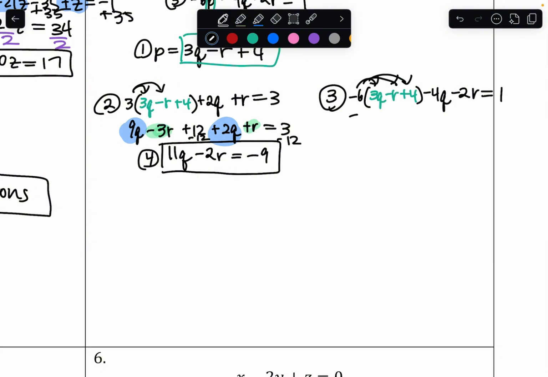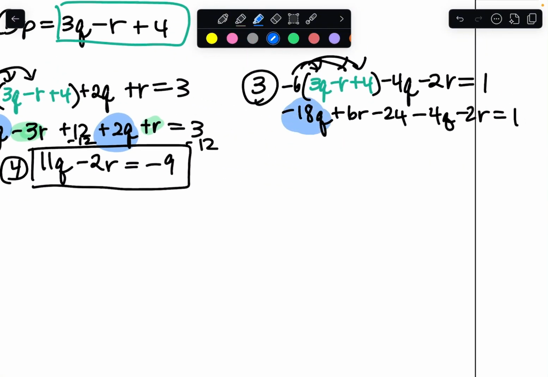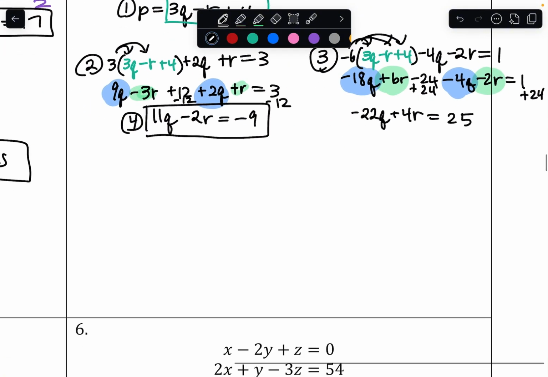Clean up this, negative 18q plus 6r minus 24 minus 4q minus 2r equals 1. I've got negative 18q minus 4q, which is negative 22q. I've got 6r minus 2r, which is 4r. Add the 24, and we get a 25 on the other side. Can't simplify that either, so that will be our equation 5.